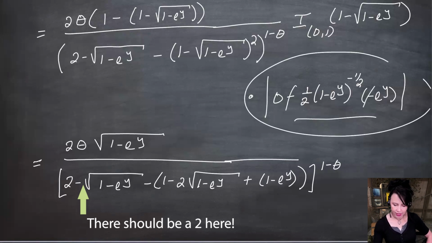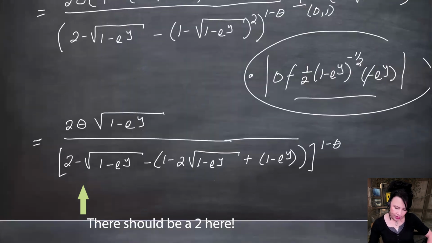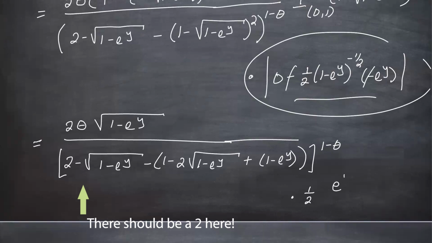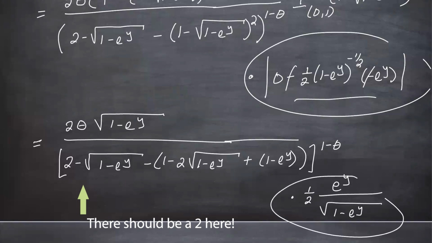I have a negative and negative, which wouldn't have mattered anyway because of the absolute value. And we have 1/2 e to the y over the square root of 1 minus e to the y. So this all goes up here.